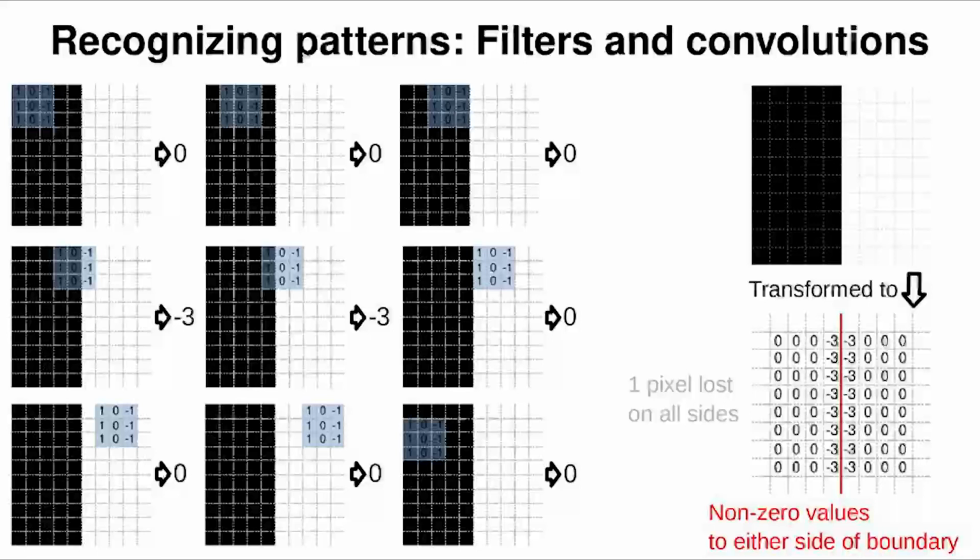If we run the filter over the entire image, as described earlier, assigning the result of each convolution to the pixel of a new image that is located under the central pixel of the filter, we get the result that is shown in the bottom right corner of the slide. The values of the pixels on either side of the boundary in the original image are non-zero, and the values of all other pixels are zero. Thus, the filter we designed is a vertical edge filter.